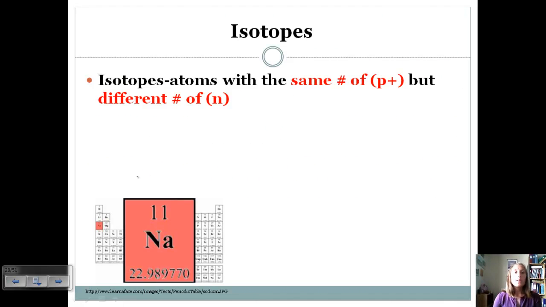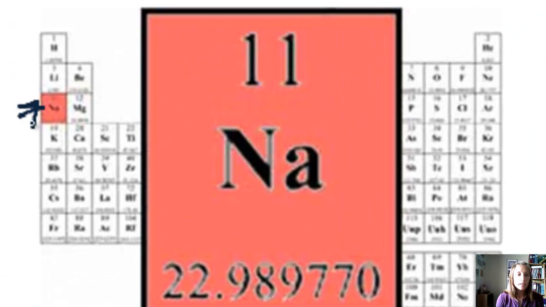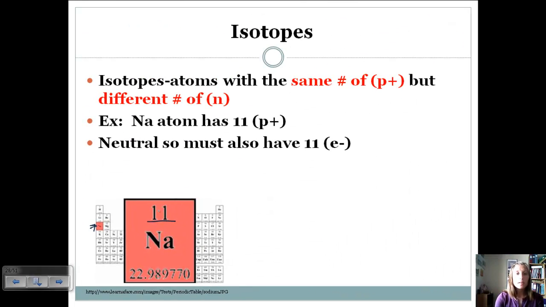So an isotope is an atom that has the same number of protons as other atoms, but it's got a different number of neutrons. And so we can have several different isotopes for certain elements. So for example, the sodium atom has 11 protons, and this comes from the fact that its atomic number is 11, and that identifies the number of protons.